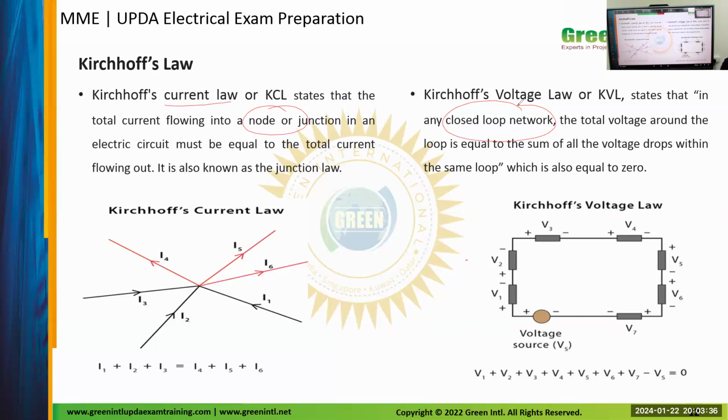Nowadays we are using multiple phones. Everyone has more than 1 or 2 phones, and we have a multiple charger. In the multiple charger, we are using Kirchhoff's current law at the node. This is for the Apple phone, this is for the Samsung.